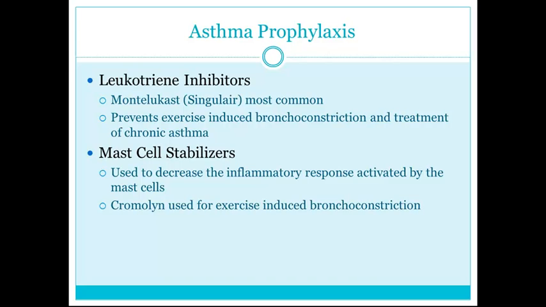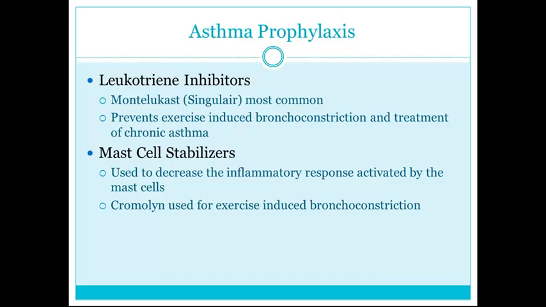The most common is singulair or Montelukast and is in a tablet form. It prevents exercise-induced bronchoconstriction and treats chronic asthma. Mast cell stabilizers. Mast cells burst open, releasing a substance that activates the inflammatory response, causing an increased blood flow to the area. They are used to decrease the inflammatory response that is activated by the mast cells.